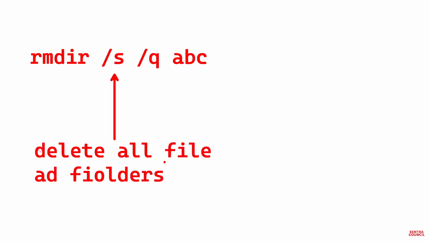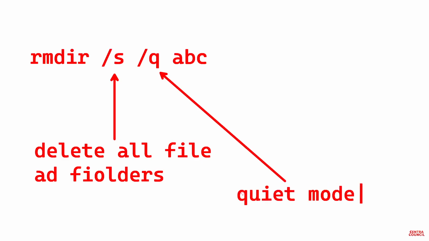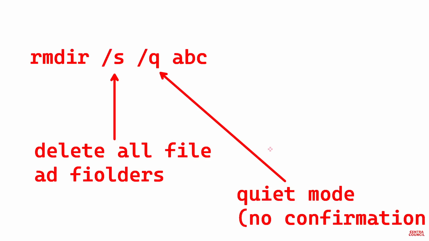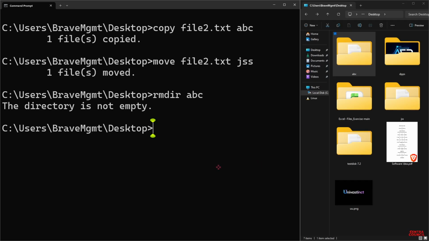Even if you don't add /q, it will still delete it, but it will ask you. I added /q, which is called quiet mode, so it doesn't need to ask me for confirmation if I want to delete it or not. No confirmation, it just deletes it right straight up. So let's actually try it now. rmdir, then /s, then /q, then ABC.